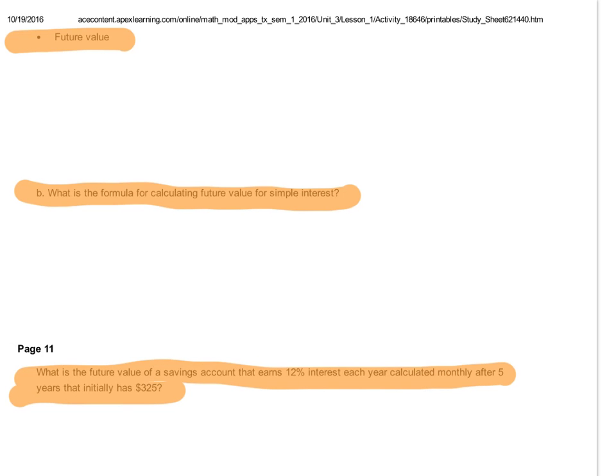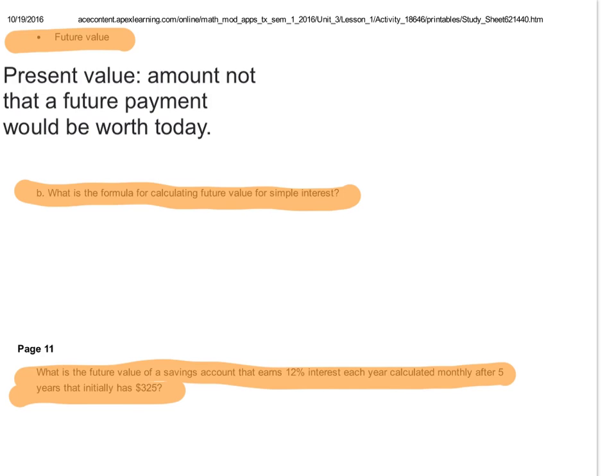The present value, and this is your definition from the other page, it is the amount that a future payment will be worth today.